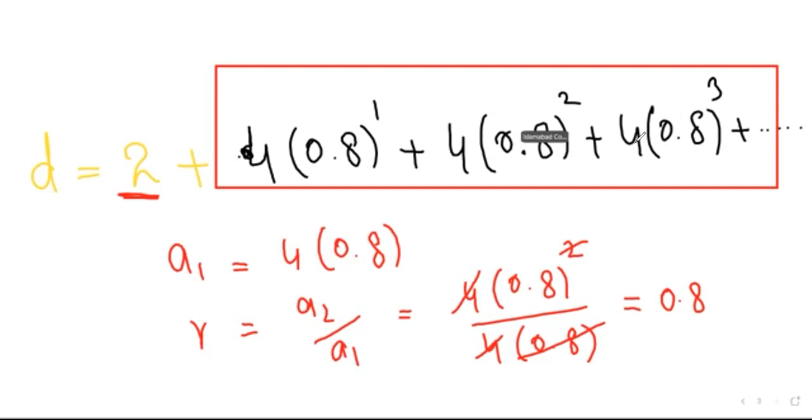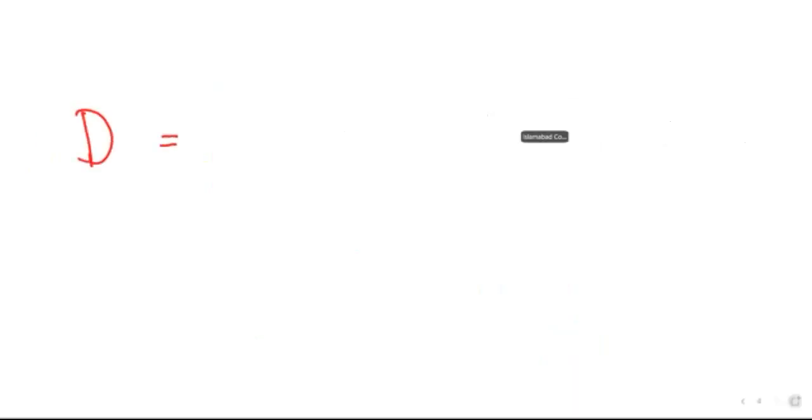And we know that there is not an infinite number of turns, so we can use this in order to find the total distance. Total distance is 2 plus the sum of n terms of the geometric sequence.